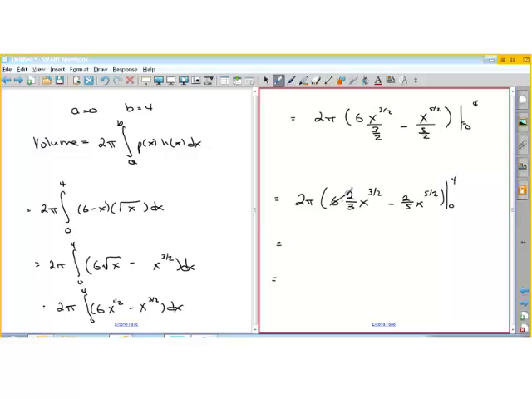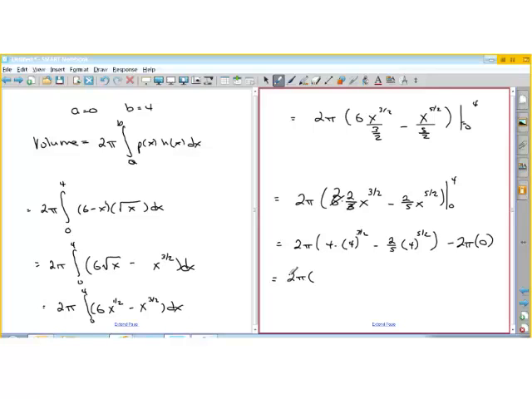This becomes 2, so we get 2 times 2, which is 4. So we'll get 2 pi times 4 times 4 to the 3 halves minus 2/5 times 4 to the 5 halves minus 2 pi times 0.